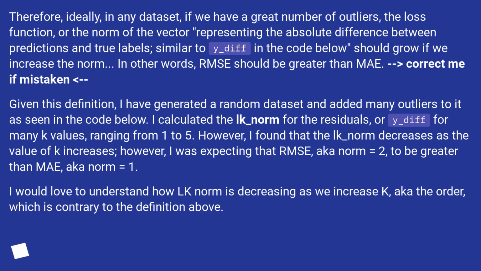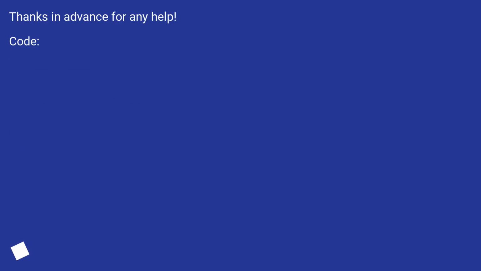I would love to understand how LK norm is decreasing as we increase k, aka the order, which is contrary to the definition above. Thanks in advance for any help. Code.